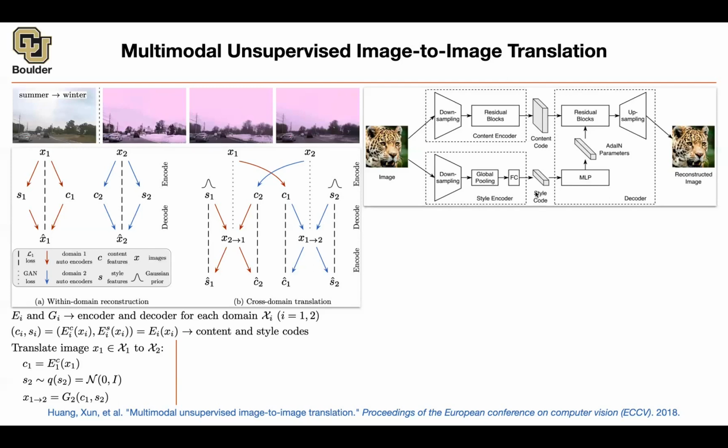Because if you remember, when we were doing adaptive instance normalization, I mentioned that you can change the style of an image by changing the coefficient, basically the scaling parameter, and the mean to be coming from another image. And then you're changing the style. And then you go back to your residual block, upsample, that's going to give you a reconstructed image. And if you want to change the style, you're going to change your code here. And then you can inject or sample from something that is normally distributed.